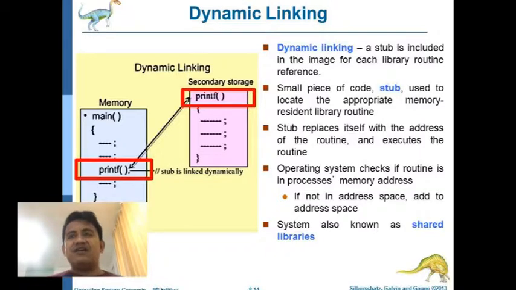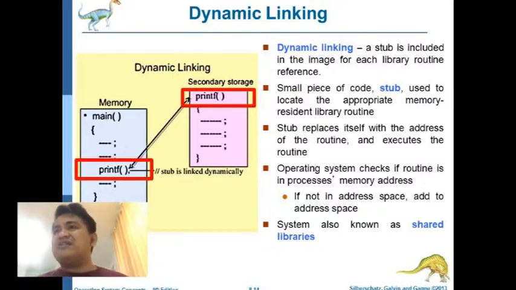In static linking, it requires a larger memory. But dynamic linking has a smaller memory compared with static linking, but it requires time to load if the routine is not located in memory. Still, there are pros and cons in using dynamic and static linking.